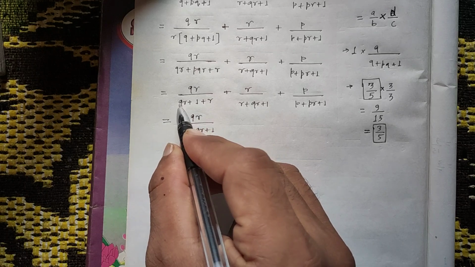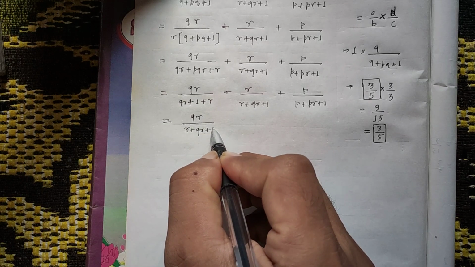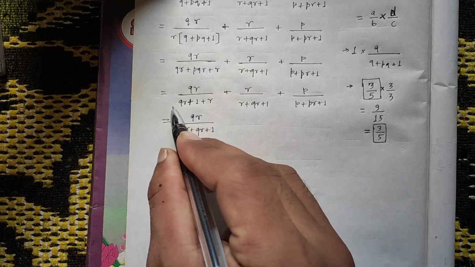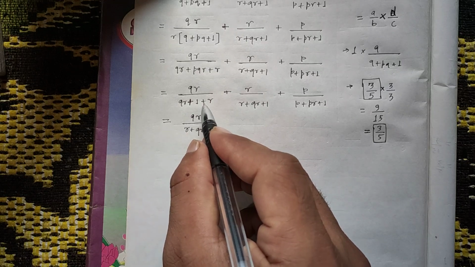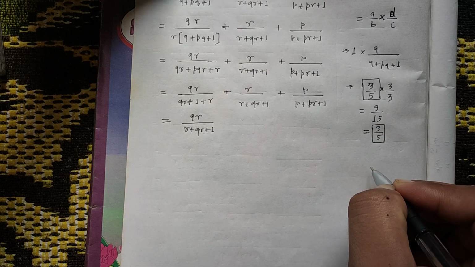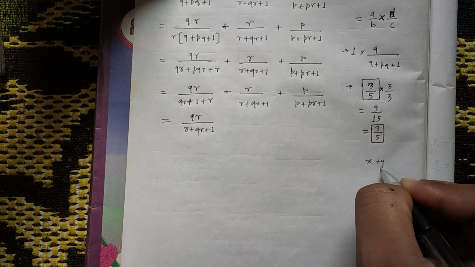I have just changed their places, with their signs. One I have written at the last, so its sign is not changed. While changing places, plus does not become minus, because the sign changes only when you take a term to the other side, like x plus y equal to z.